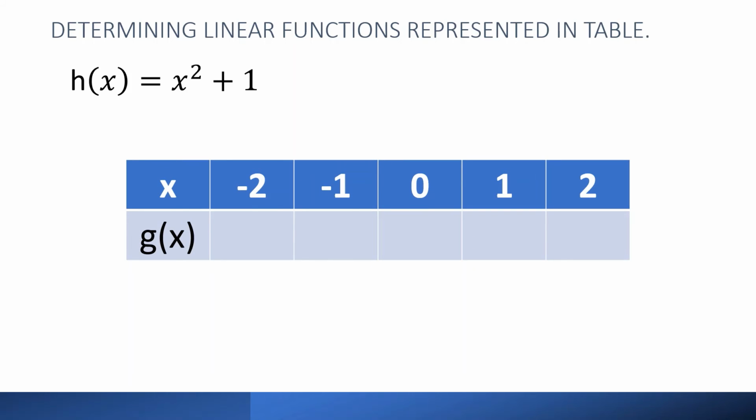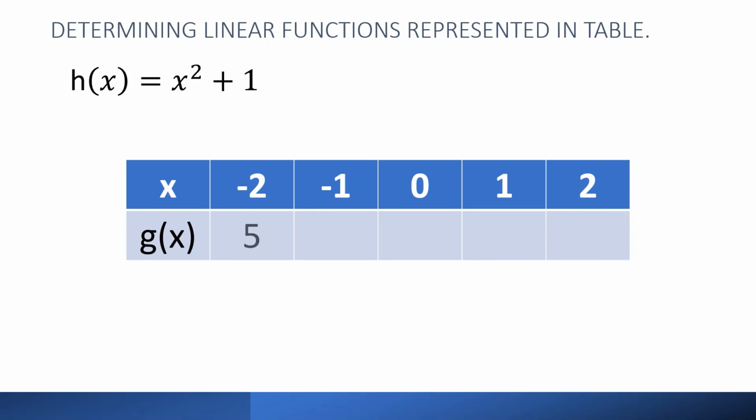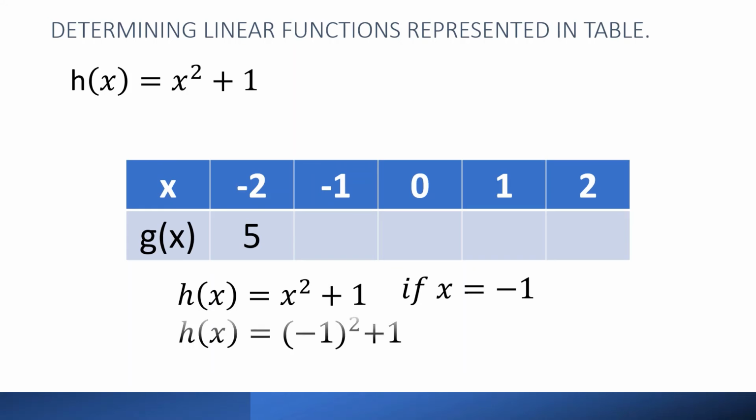So let us evaluate h of x equals x squared plus 1 if x is negative 2. So we have negative 2 quantity squared plus 1. So we have 4 plus 1, which is equivalent to 5. Then, if x is equal to negative 1, negative 1 squared plus 1 is equal to 1 plus 1, which is equivalent to positive 2.